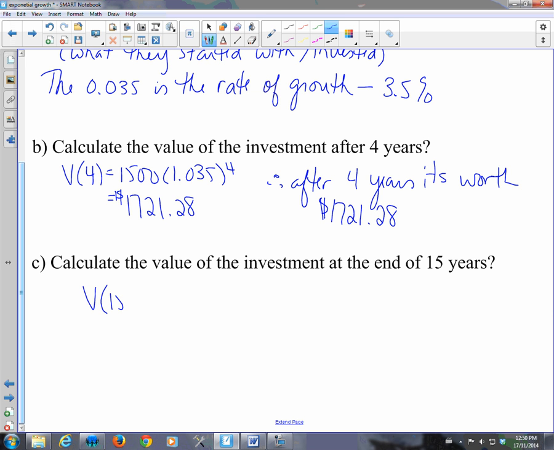So the value at 15 years would be 1,500 times 1.035 exponent 15.